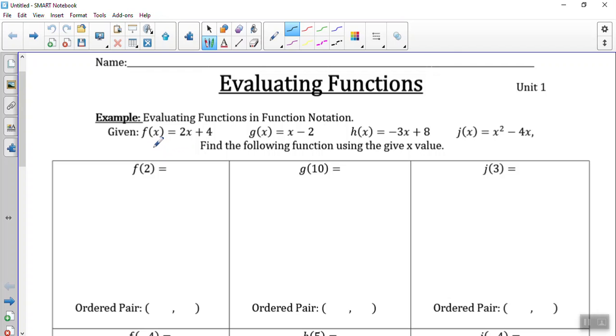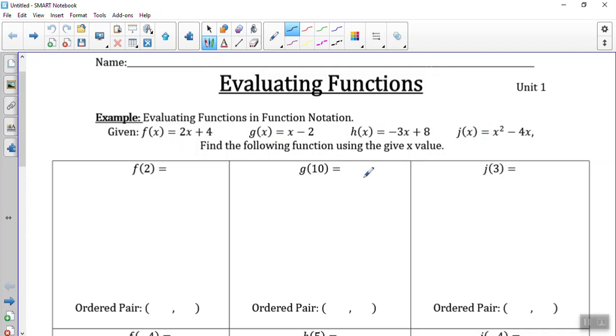So I have four different functions here: 1, 2, 3, 4, and each function starts off with a letter. We have F, G, H, and J, and these are just the function names. So for example, this is the F function, this is the G function, the H function, and the J function.